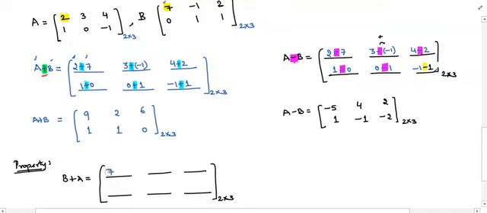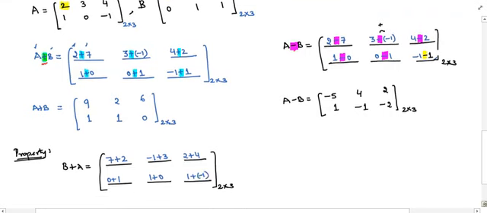So 7 plus 2, the element of matrix A. Similarly, minus 1 plus 3. 2 plus 4. So just the position change. So 0 plus 1. 1 plus 0. And this gives you 1 plus of minus 1.